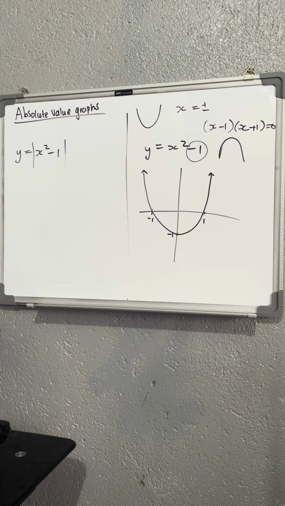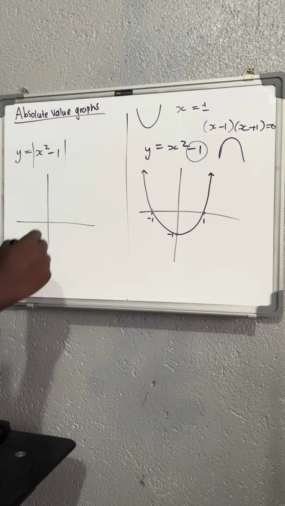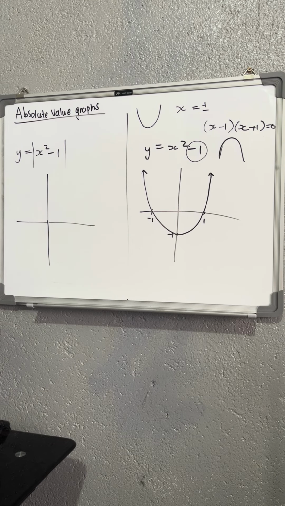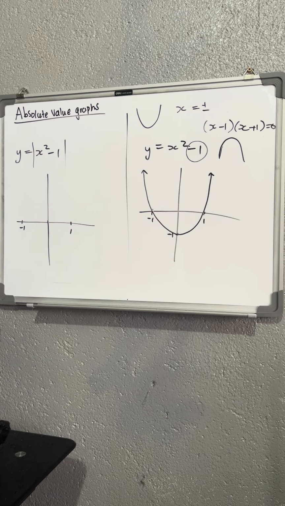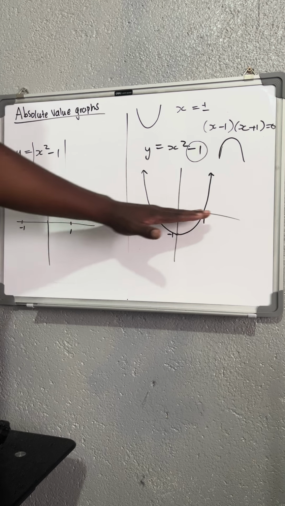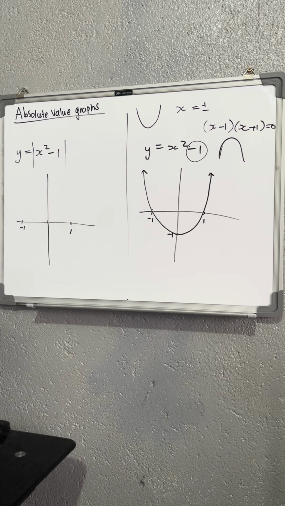But now watch what happens when you come to this part. You still have your minus 1 and 1. But remember what I said: each and every time you are drawing, your graph shouldn't go below the x-axis.